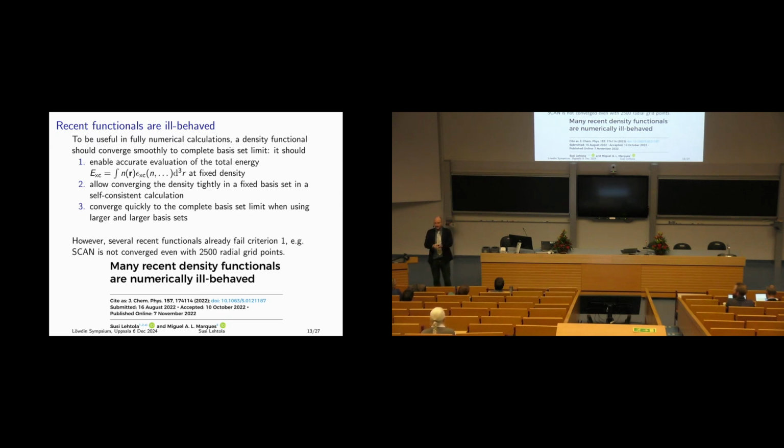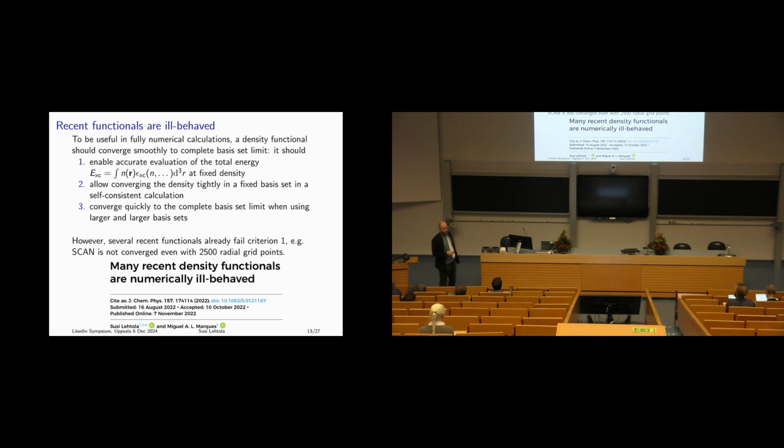Then I make the basis bigger and bigger, and I run SCF, and I should find that the energy does not change. So I should be able to evaluate the energy very precisely for my guess density. I should have a stable SCF and get a stable energy, and then once I go bigger and bigger, I should find at some point that the energy is not changing anymore.